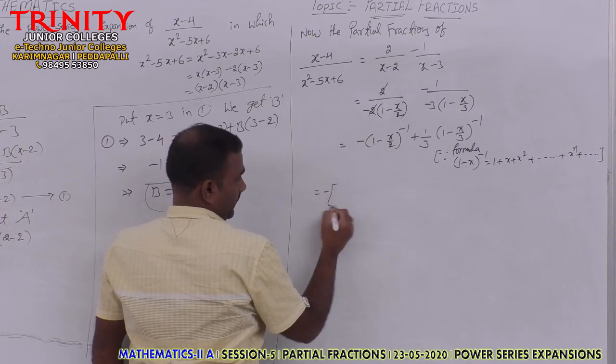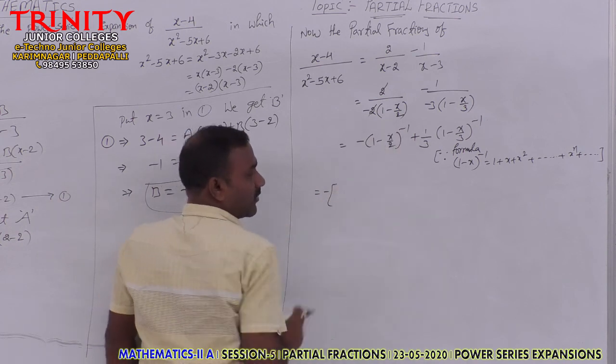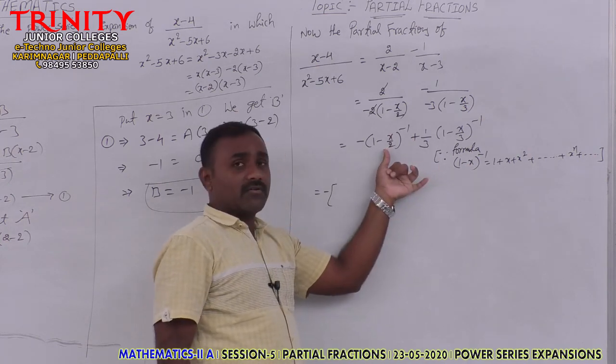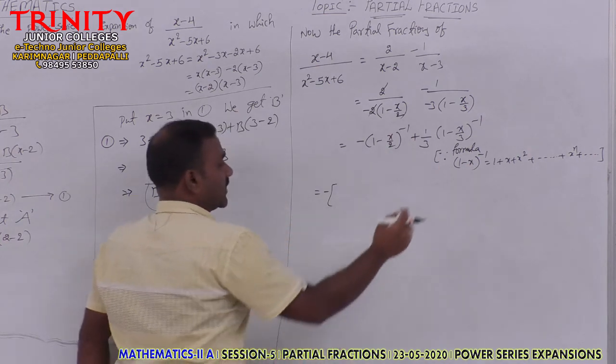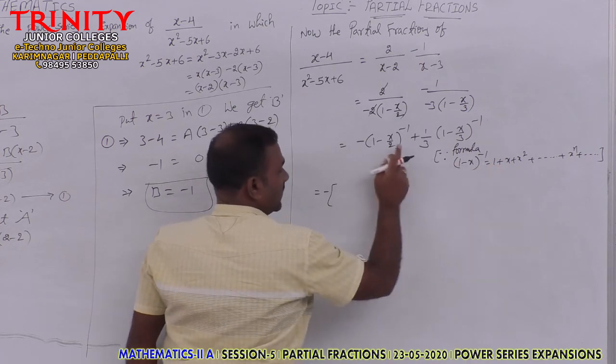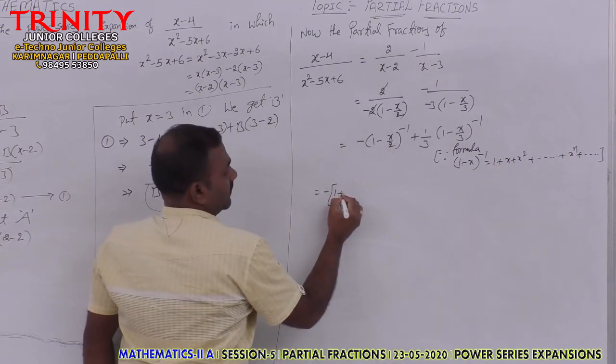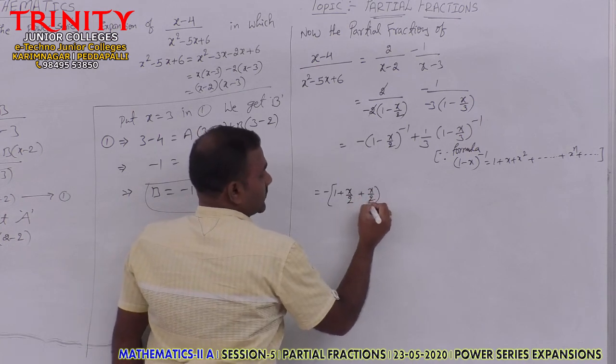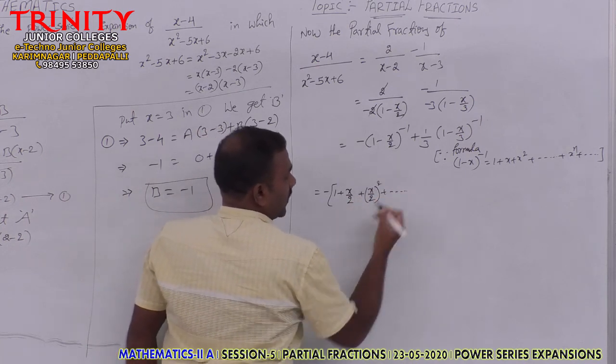Minus of 1 minus x whole power minus 1, but here in place of x in our problem we have x by 2. Then in the formula replace x with x by 2. 1 plus x by 2 plus x by 2 whole square, and so on like that.